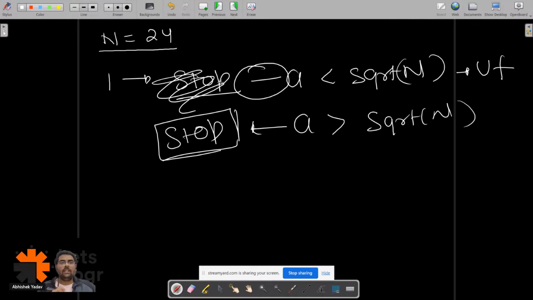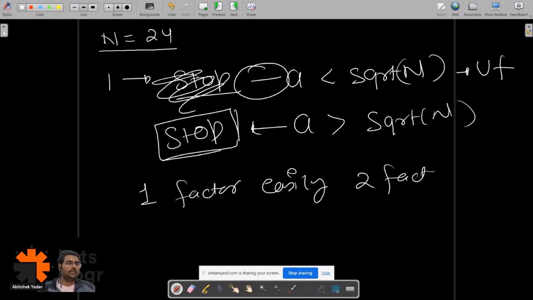Okay, and one more observation I can make कि hey, if I know one factor, then I can easily find the next factor, the second factor, right?